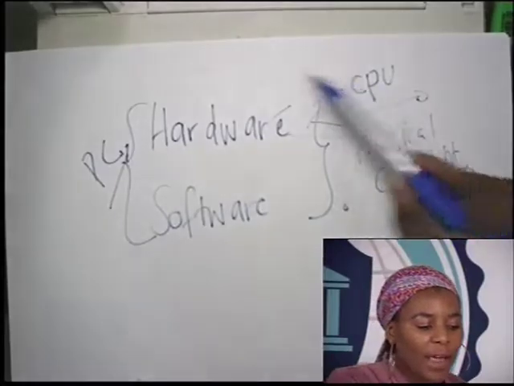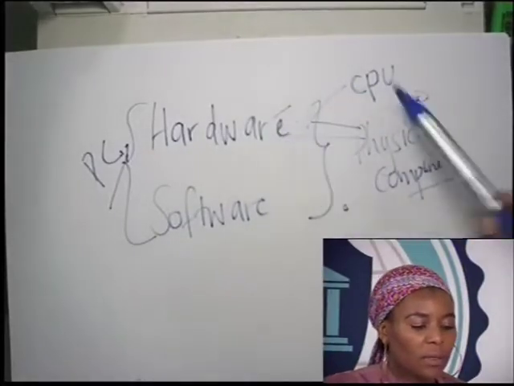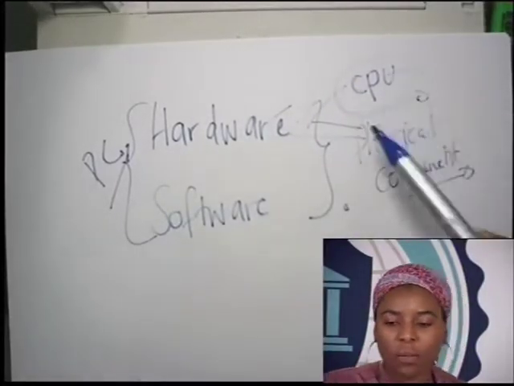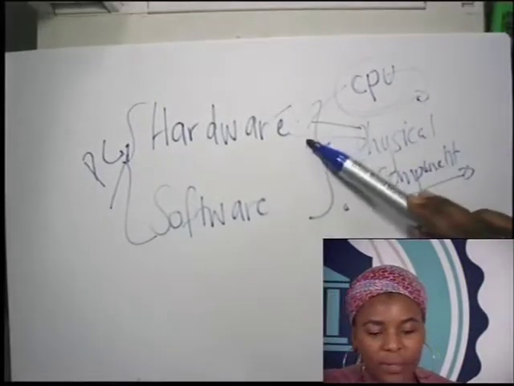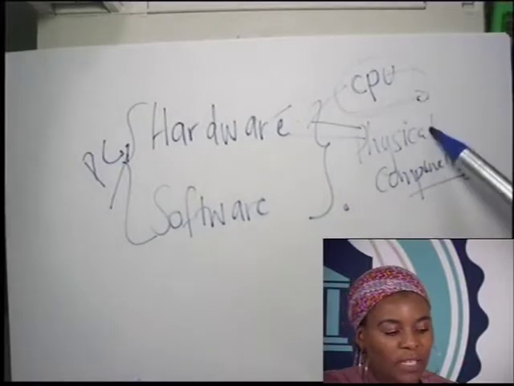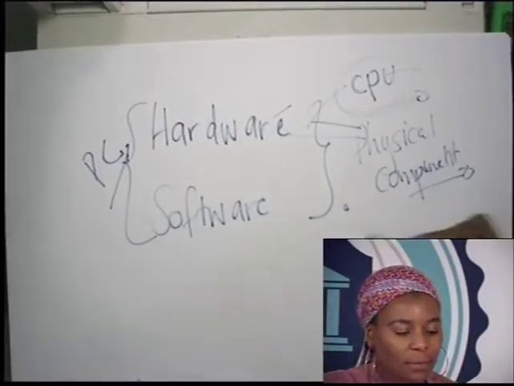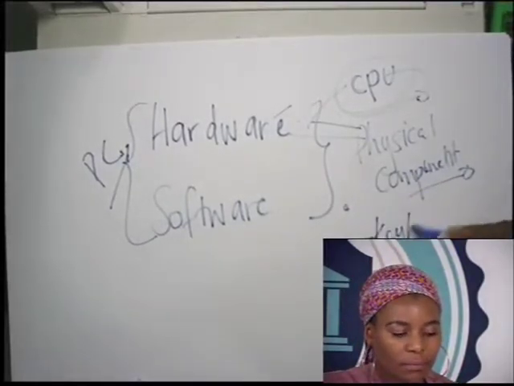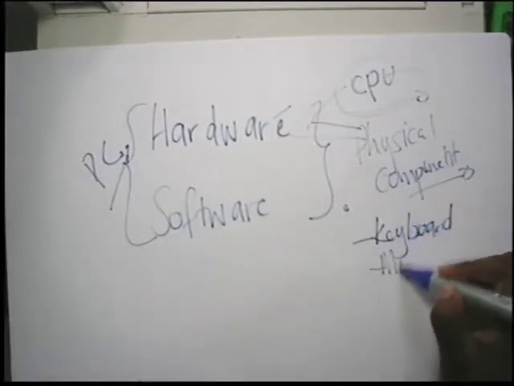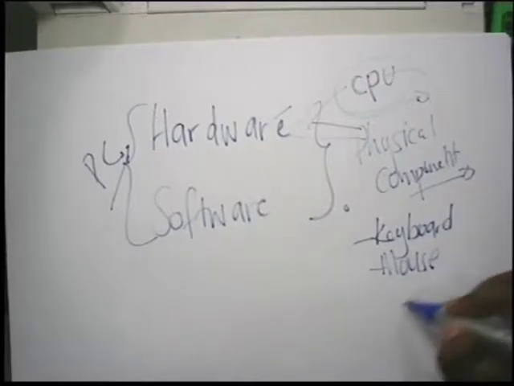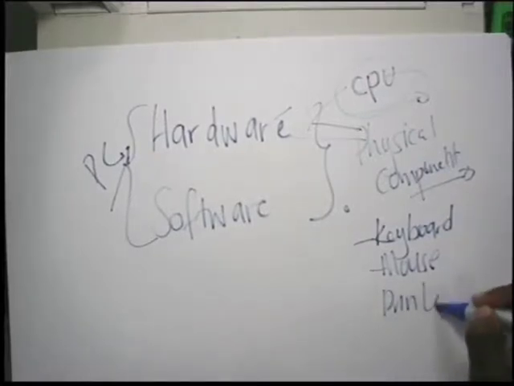So the brain of a computer is the central processing unit. When we talk of hardware in a computer, we are talking of physical components such as a keyboard, a mouse, a printer.